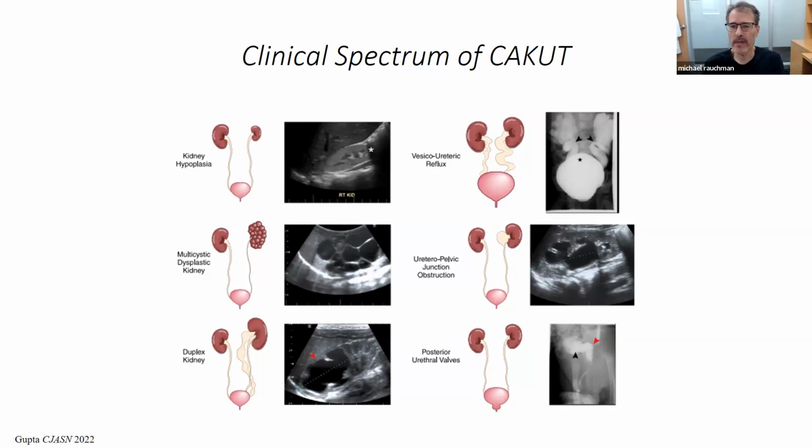So when the urine leaves the kidney, it goes down this tube, the ureter, and it goes into your bladder. And the bladder is storing the urine, because otherwise you would be constantly going to the bathroom if you didn't have a storage compartment. But what the anti-reflux mechanism does is it makes sure that the urine that's stored in here, as the bladder gets distended and the pressure increases, doesn't reflux back into the kidney.